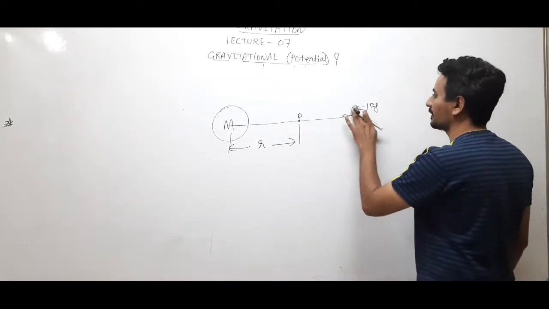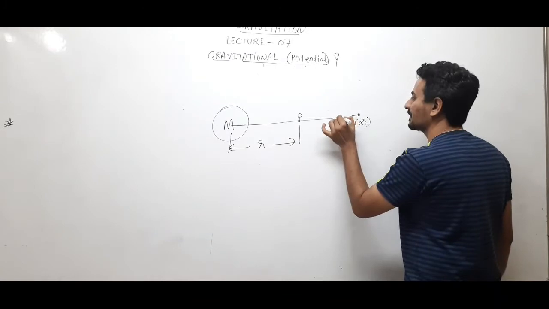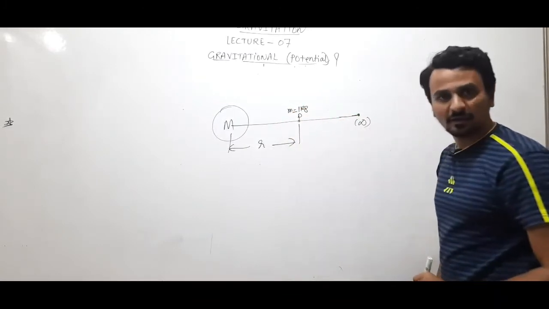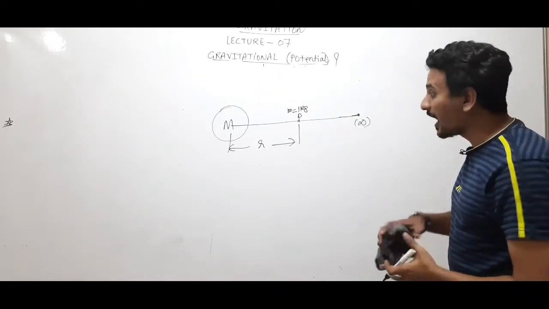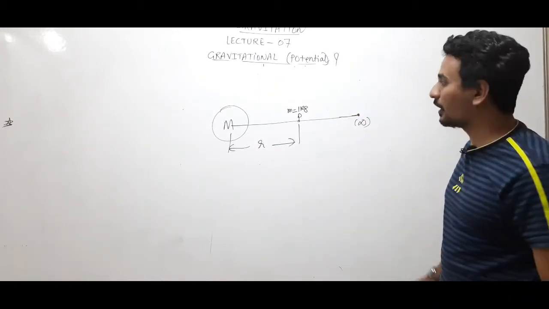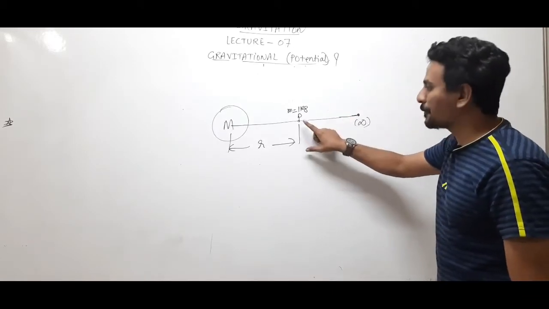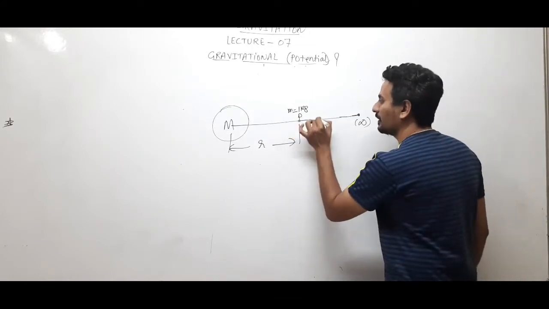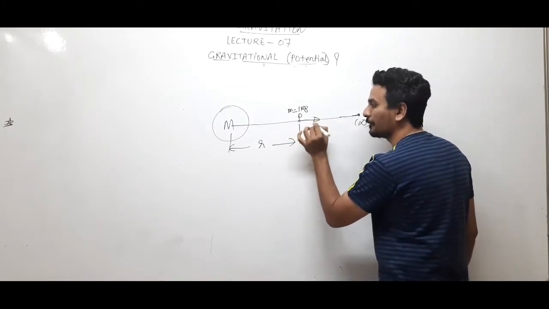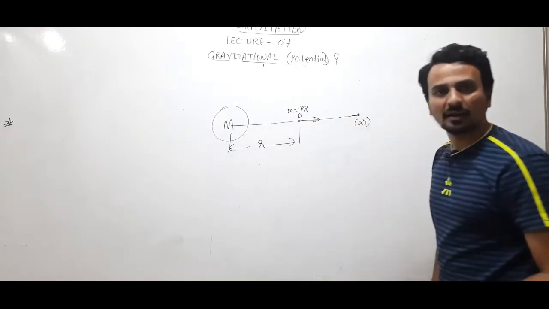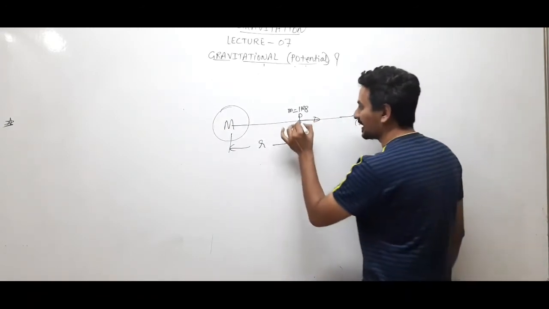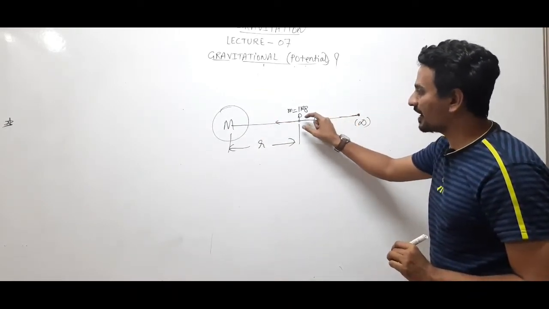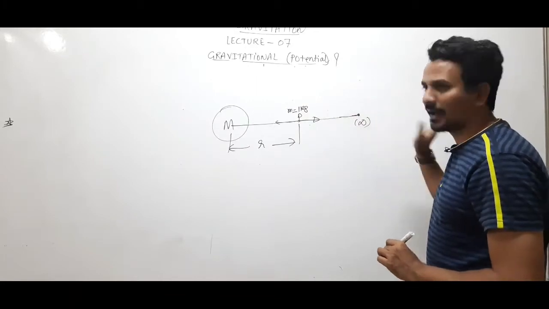Okay, let us reverse the situation. If I have been asked to bring a unit mass from point P to infinity, now we require an external force, because if I am to take the body from point P to infinity, that is in this direction, then I have to apply the force against the gravitational force, because the gravitational force will be in this direction and I am to take the body from r to infinity, right?